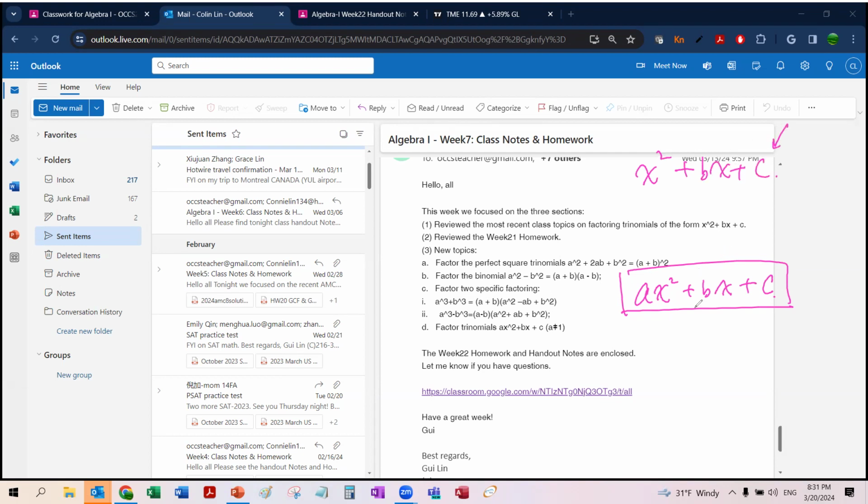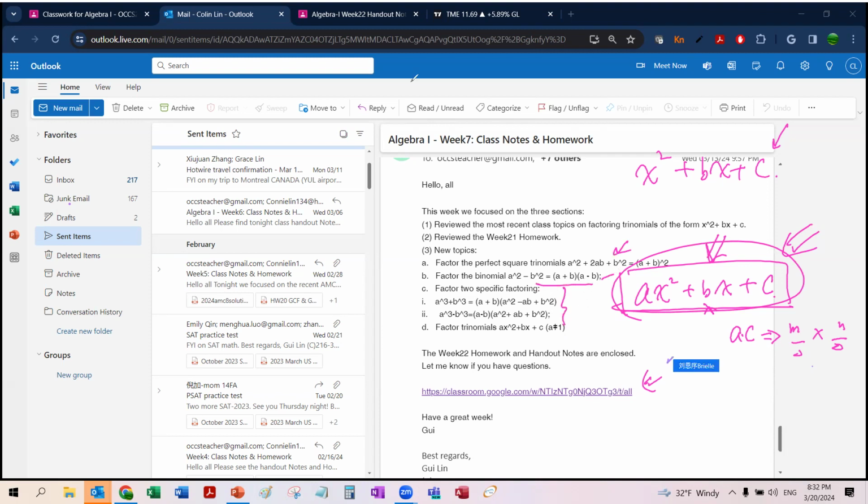When we factor this part, we first make the product of a times c, and then factor this again to see what kinds of factors, m and n, have a sum of the two factors that matches the middle term. All right, let's use the homework as an example to review this part.